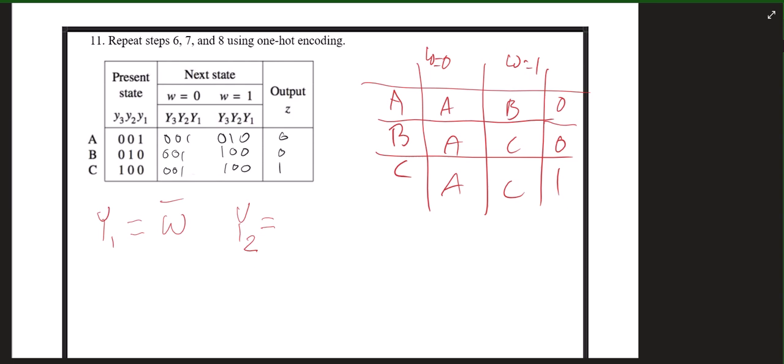Y2, well, we can see that Y2 is 0 always when W is 0. So we can AND W to something, because if W is 0, it'll be 0. And then we'll look over here to see what we want to AND it to.